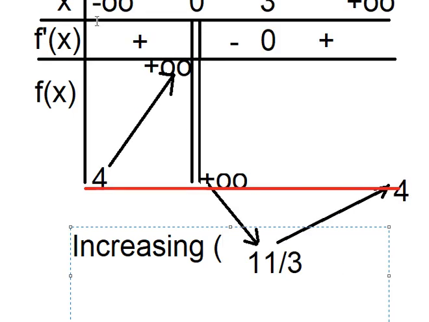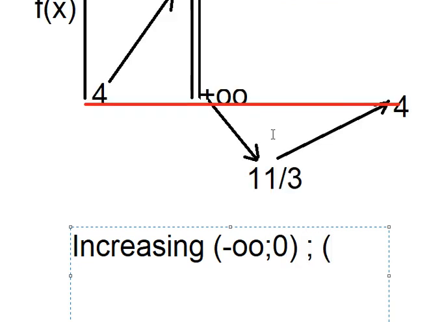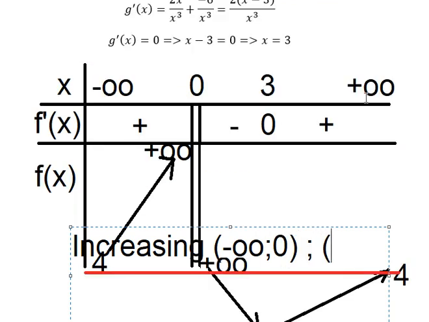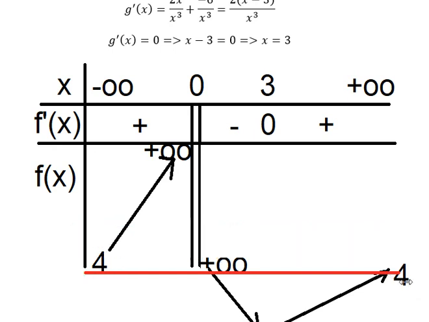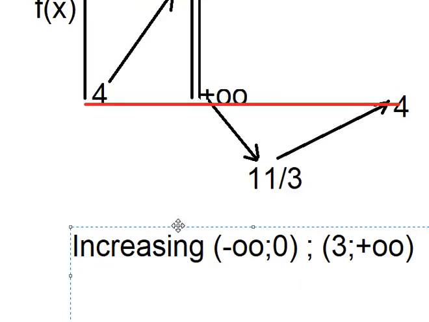In here the function increases from negative infinity to 0. From here, from 3 to positive infinity, the function increases when the first derivative of the function is positive.